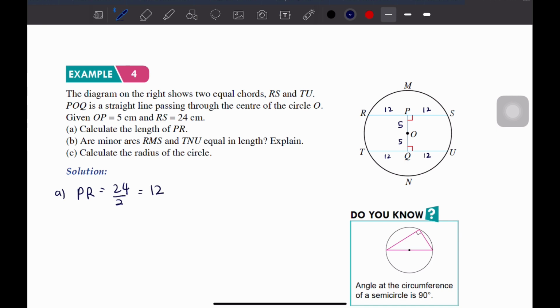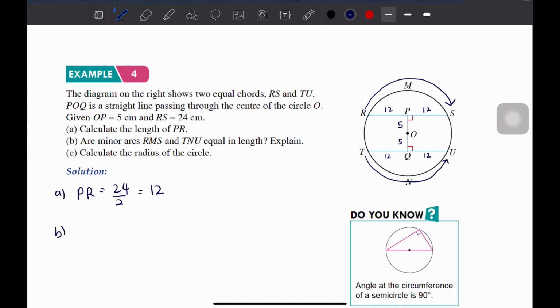Next B: the minor arcs RS and TU are equal in length. Explain.